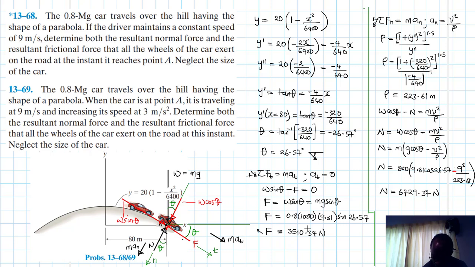So we have 9.81 cos 26.57 minus 9 squared divided by 223.61, then times 800. So 6729.37, that is the normal force, the resultant normal force.